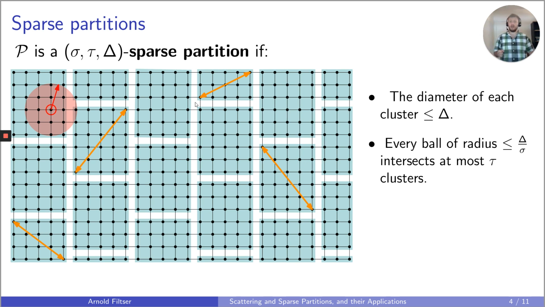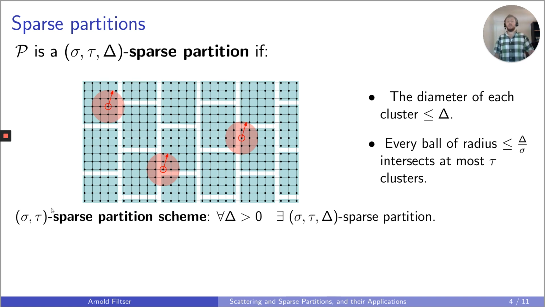Okay, so we have three parameters here. Delta is the diameter, sigma is the padding, and tau is the number of intersections. You can see that this ball intersects three clusters, and this ball also intersects three clusters, and so on. Notice this is a single partition, there's no distribution or probability here. You want a single partition that succeeds with respect to all the balls simultaneously, so all the small balls will intersect at most tau clusters.